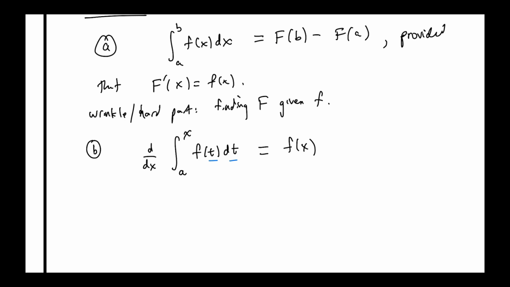With one exception, what's the one letter we shouldn't pick? X, because we're already using it in a different way. I can't think of any other instance that you would have run into this idea of a dummy variable, except maybe in computer programming.